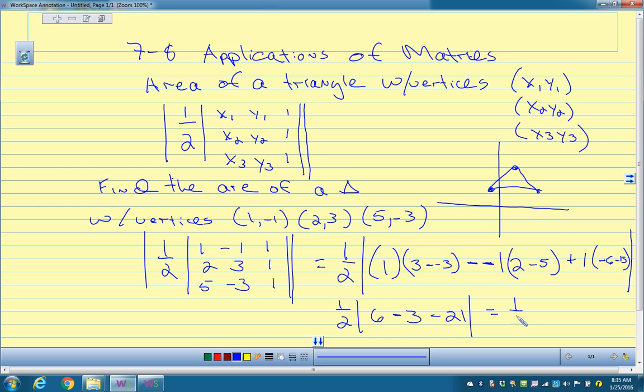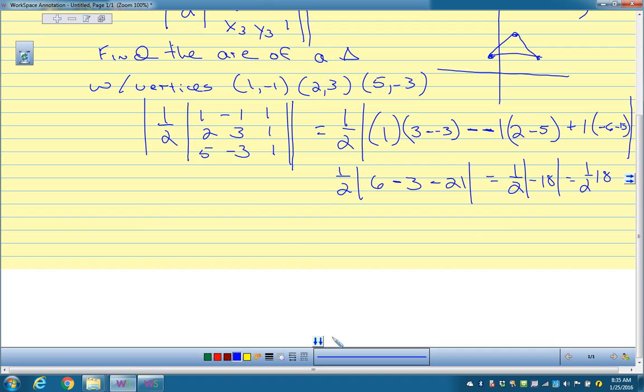So you take 1/2 the absolute value of -18, which is 1/2 of 18, which is 9. That's the answer, okay? So the area of this particular triangle is 9. That does come out of the cross product, but right now all you have to know is how to apply it. Easy enough?